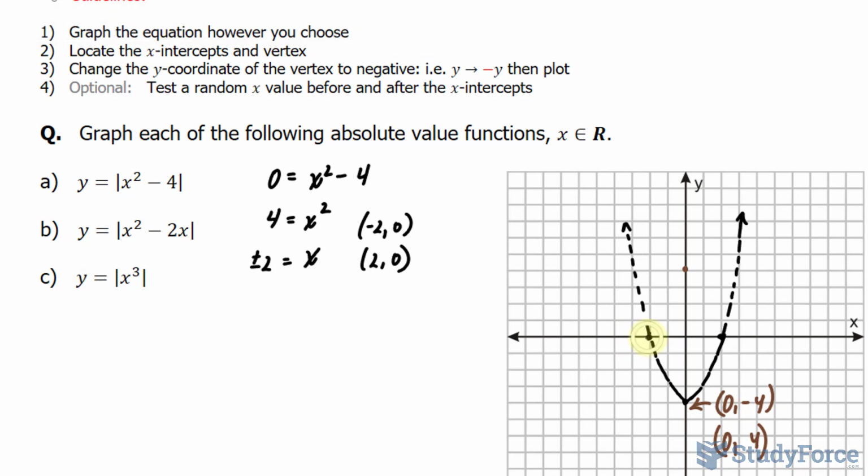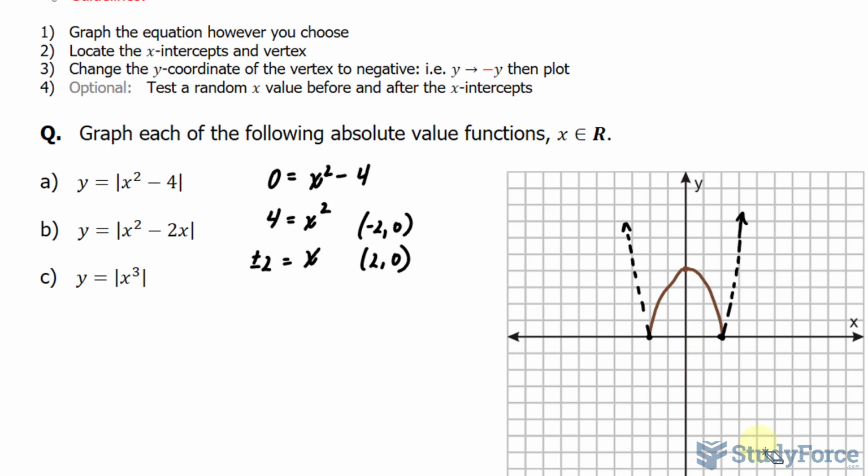If you test a point in between this intercept and this intercept, let's say you put 0 into here, you'll end up with 0 minus 4, that's negative, but taking the absolute of a negative number makes it positive. So anything in between these will be the opposite of what you would expect, somewhat of a reflection. None of these will exist given that it's an absolute equation. So what you see graphed is the graph of this absolute function.